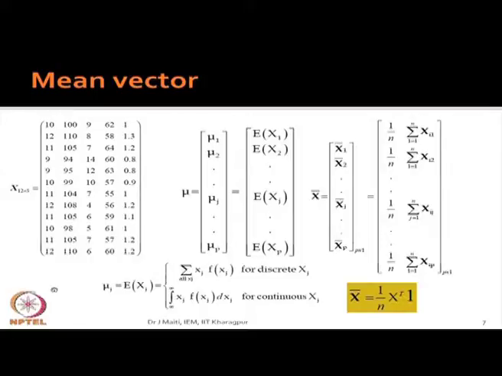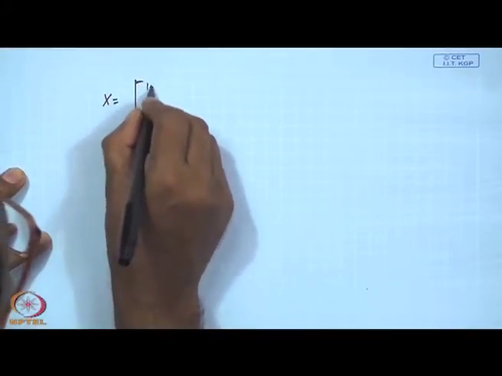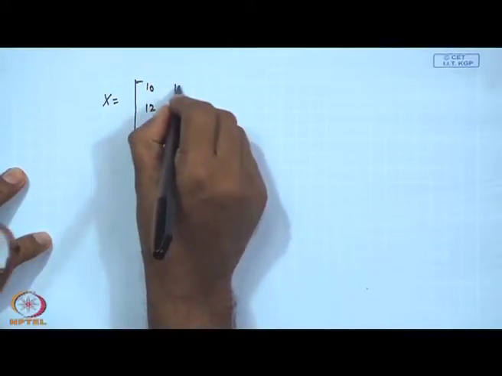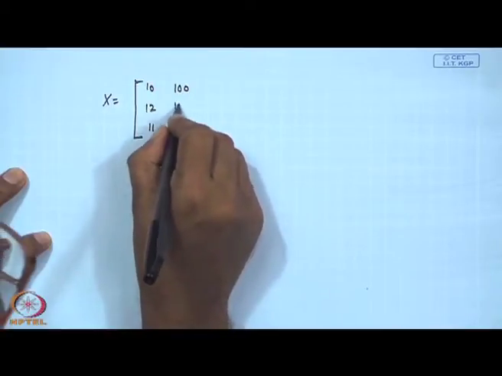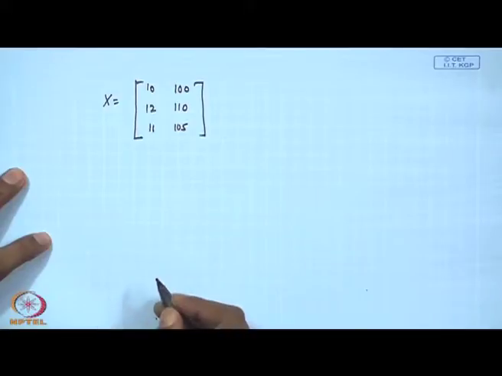Suppose this is the data matrix, X equal to 10, 12, 11 in the first column, and 100, 110, 105 in the second.